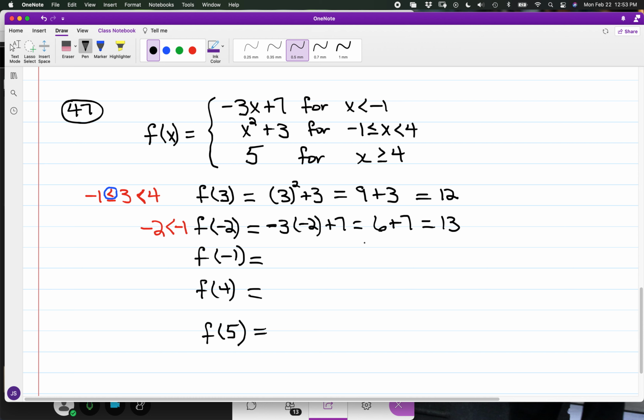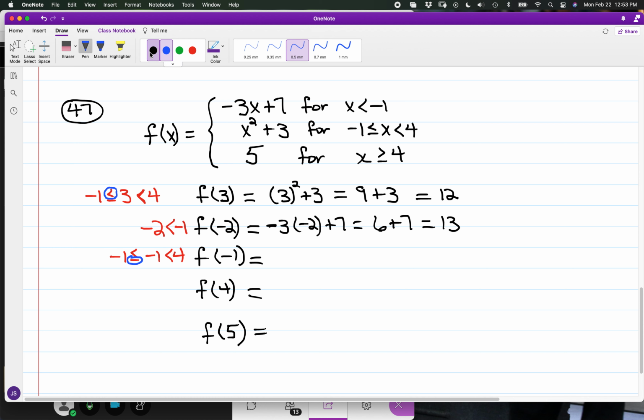All right. And for negative 1 as the input, negative 1 is not less than itself, but it is equal to itself. So negative 1 belongs in the second inequality description, just like 3 did earlier. What makes this statement true is that negative 1 is not less than itself, but it is equal to itself, and negative 1 in turn is less than 4.